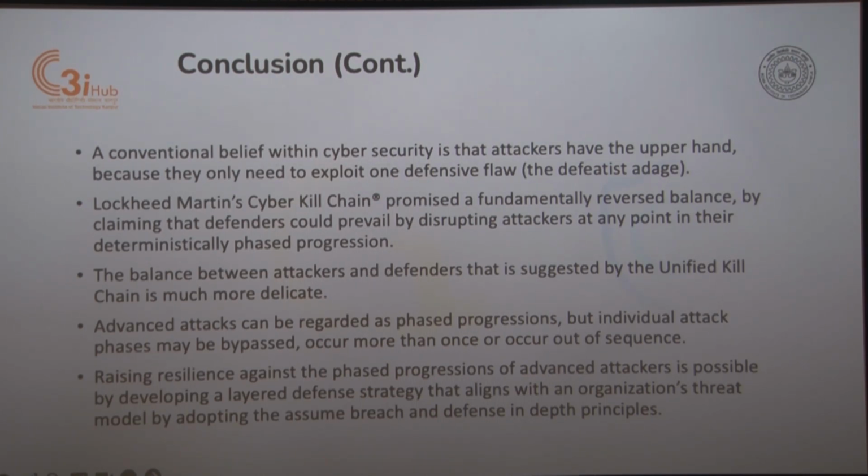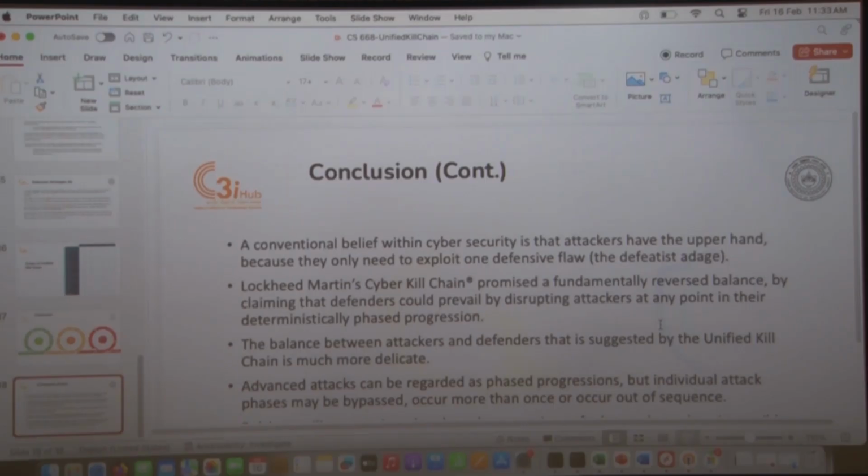And the main idea of this UKC is to raise resilience against these sophisticated attacks by making a layered defense strategy based on these choke points and the other details which we summarized for the victim environment, where we will go with two principles: assuming the breach, that a breach will happen, and then following the layered defense, the defense in depth strategy.